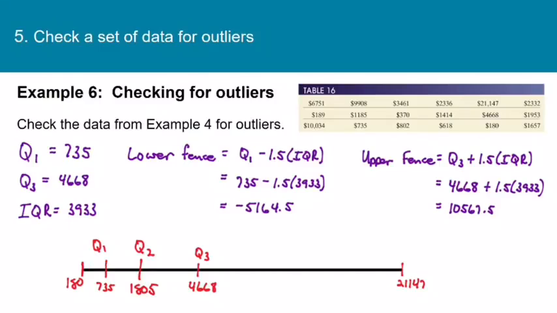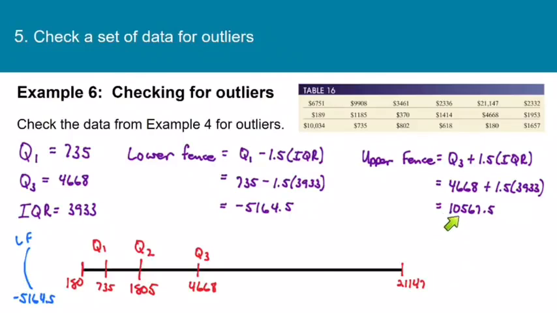Now, the outliers are any numbers that lie outside the fences. So let's see if we can put the lower fence on our number line. Well, the lower fence is negative 5,164.5. So that's way smaller than the smallest value in our data set. So we don't have to worry about any values that are outside the lower fence.